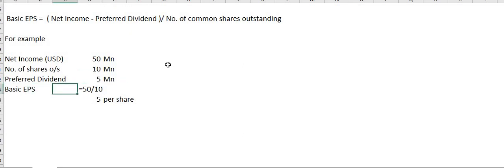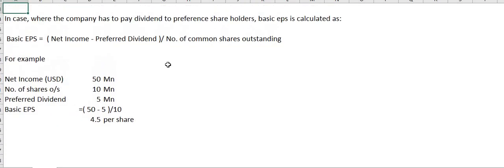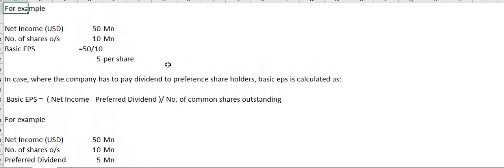So basic EPS in this case will be 50 minus 5 divided by 10, which will be $4.5 per share.